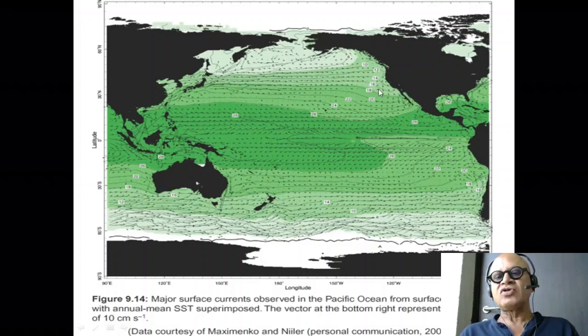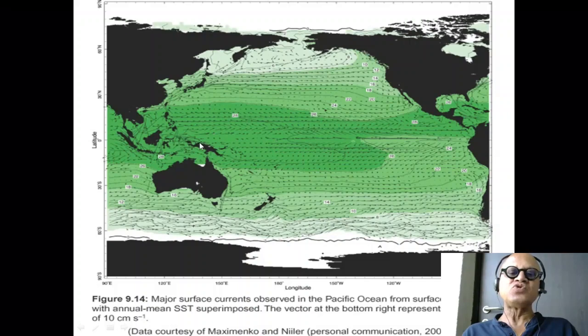So the eastern boundary of the Pacific Ocean here and here has strong upwelling, which is where you'll get a lot of chlorophyll and fish and so on. Okay. We'll look at the variability of these currents in various contexts.